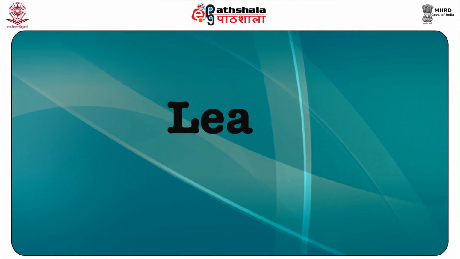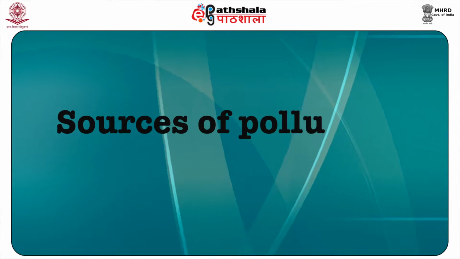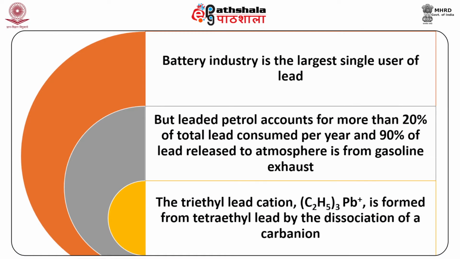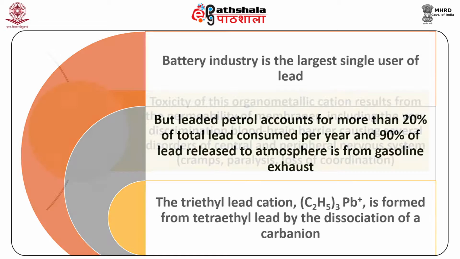Lead. Source of pollution. The battery industry is the largest single user of lead, but leaded petrol accounts for more than 20% of total lead consumed per year, and 90% of lead released to atmosphere is from gasoline exhaust. The triethyl lead cation is formed from tetraethyl lead by the dissociation of a carbanion.